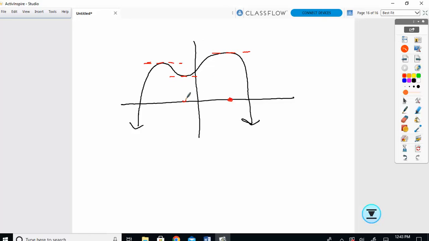So those three places, the derivative would be 0. This section of the graph was all increasing. So what does that tell you about your derivative? This section was decreasing, increasing, and then decreasing.